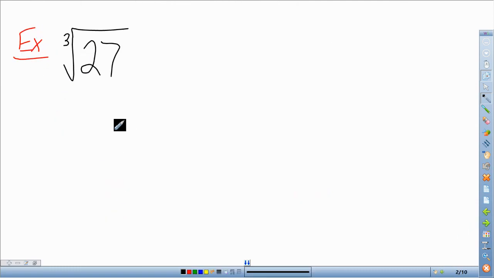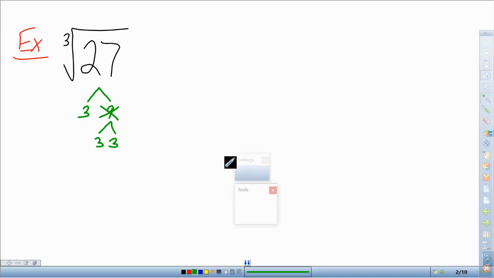We'll do the cube root of 27. Right now, we're not really worried about whether this is a square root or a cube root. We're just worried about breaking this thing down into prime numbers. So 2 numbers that multiply to get 27. I'm thinking 3 times 9. 3 is prime, 9 isn't. 9 breaks down into 3 times 3, cross it out. Now we have a bunch of prime numbers.